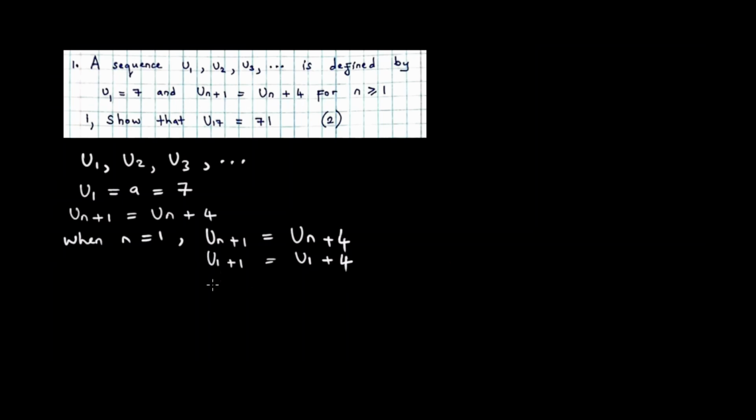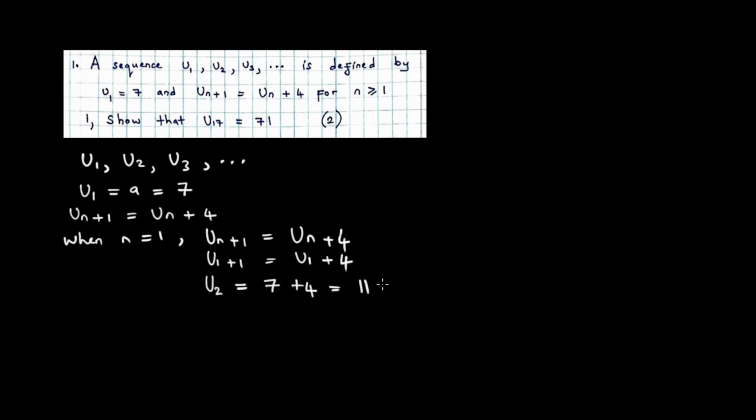So u1 plus 1 is u2, the second term. So u2 is equal to u1, which we know is 7, plus 4, which is equal to 11. So our second term is going to be 11.